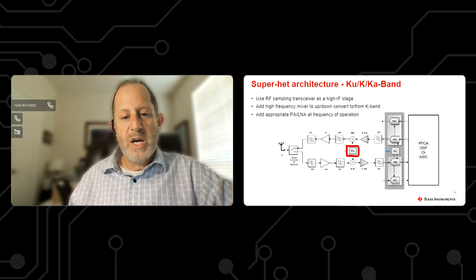So once we've converted up into K-band, adding the appropriate filtering, power amplifiers, and LNAs, now we have a very nicely performing K-band solution using our RF sampling architecture plus an up-converting, down-converting mixer.